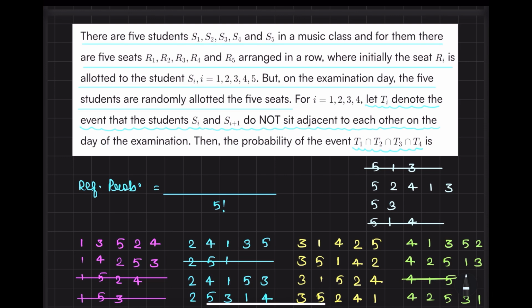Then we have 5 and 3. You know that you cannot allow 2 and 4. So you have one choice, that is you have to put 1 over here, and then we have 4 and 2. So with 1 you cannot put 2, so you have to put 4 and then 2. So this is the valid case.